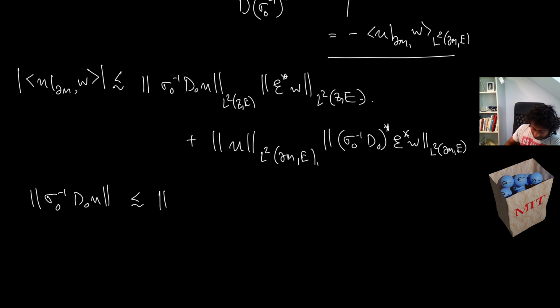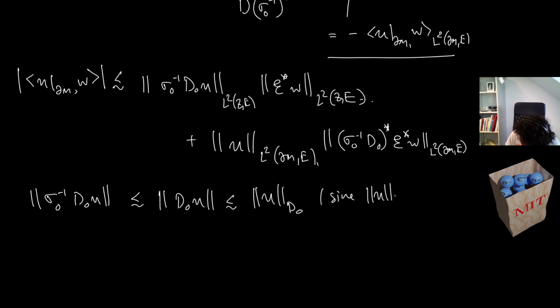So it's got t independent coefficients. That's what I'm trying to say. Because it's t independent coefficients, this is obviously bounded by d naught of u, which is now bounded by the operator norm, which is strictly larger, since the inhomogeneous term is bounded by u d naught.